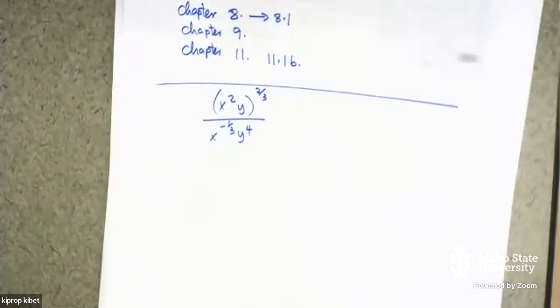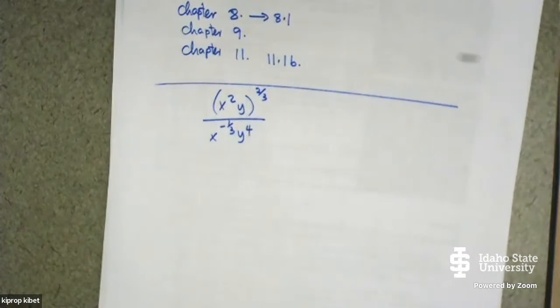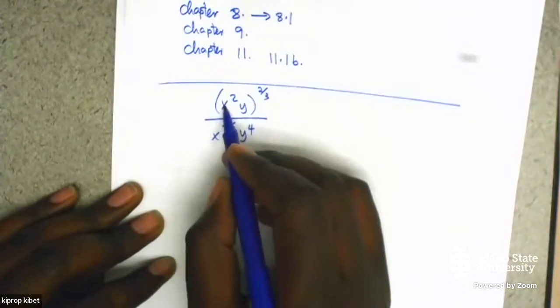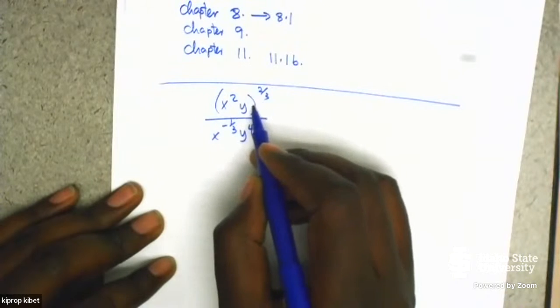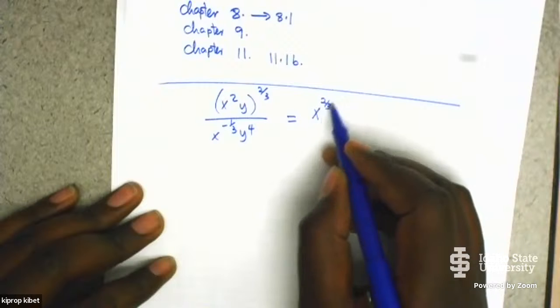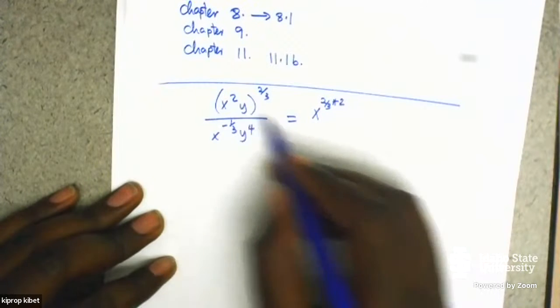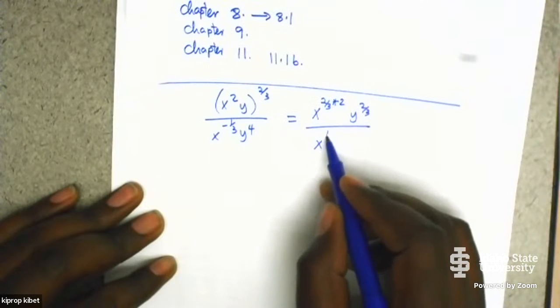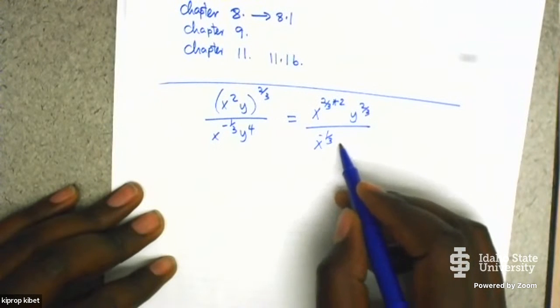How can we simplify this? Again, step by step. Open this bracket, which means you distribute 2 over 3. So this is x raised to 2 multiplied by 2 over 3, y raised to 2 over 3, all over x raised to minus 1 over 3, y raised to 4.